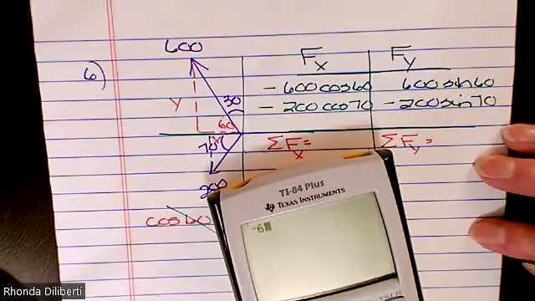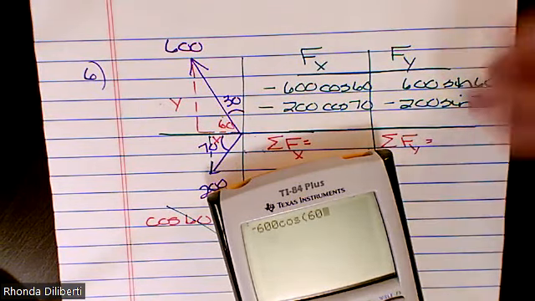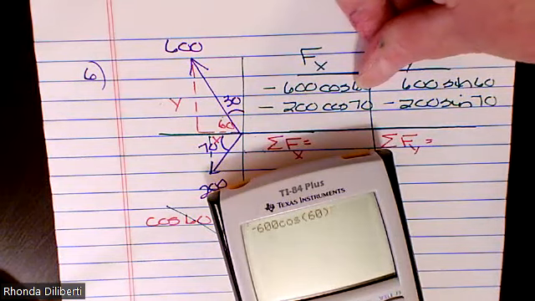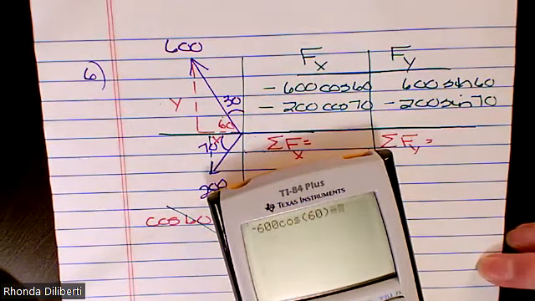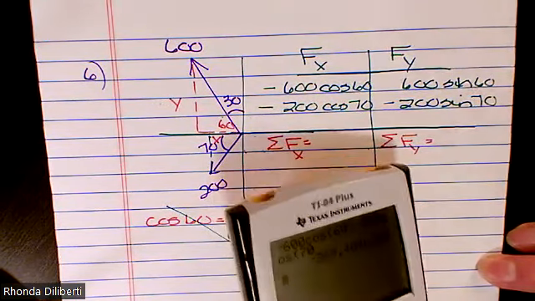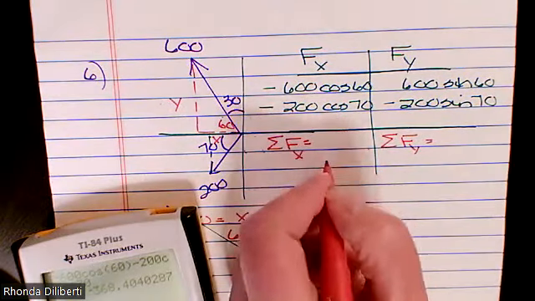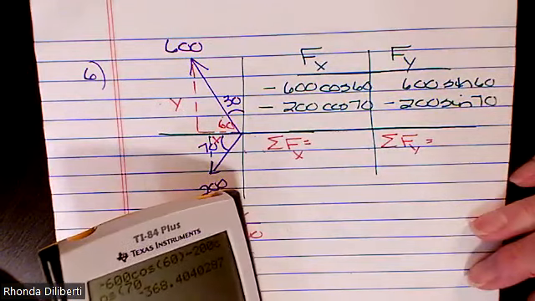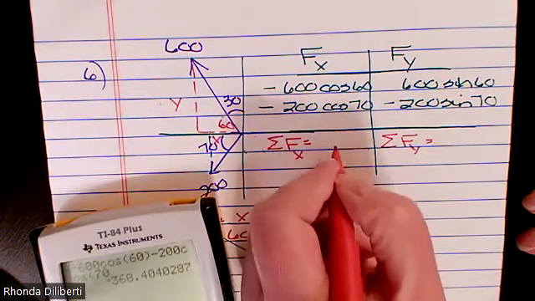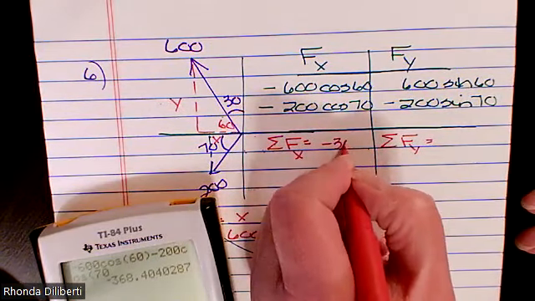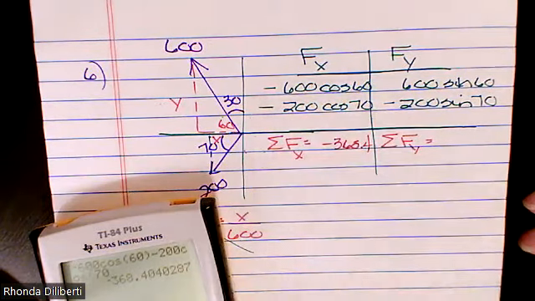All right, so I have negative 600 cosine 60 plus a negative, so I'm just going to say minus 200 cosine 70, and I get negative 368.4.